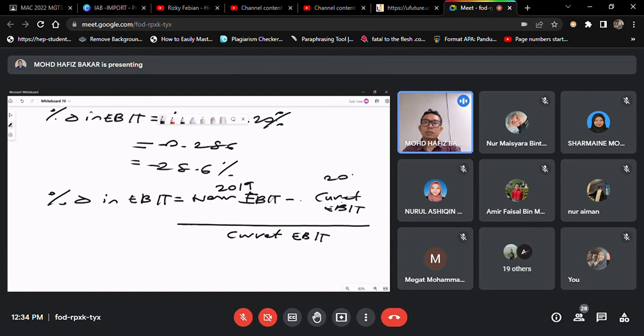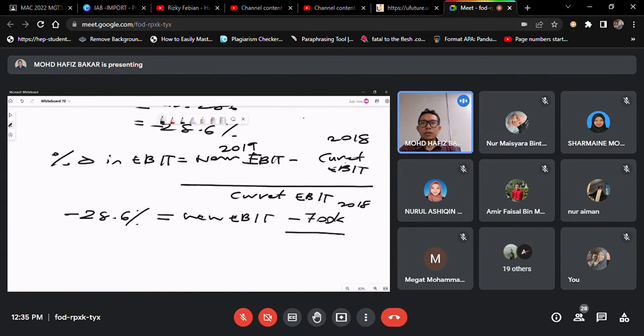The current EBIT will be 2018. This one also 2018. So kena ambil lah dia punya information tadi. This is negative 28.6%. So new EBIT, this one the one that we need to find, 2019. Okay, current EBIT yang you dah calculate dekat question A tadi, operating profit kan, operating profit for year 2018 700,000. So this is 700k, and this one 700k.